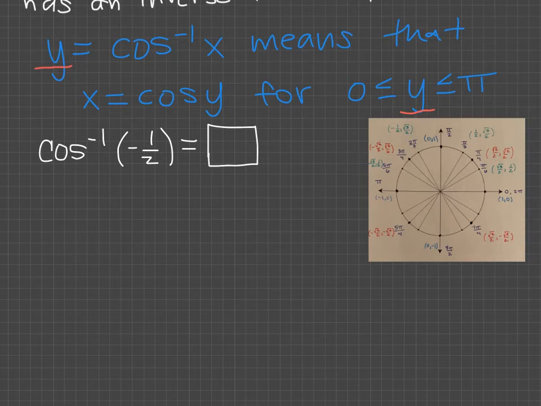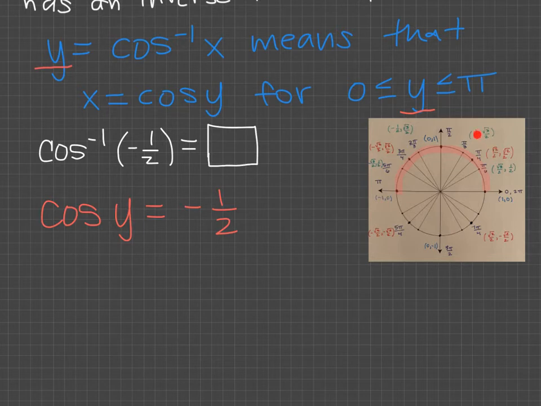And what we want is the angle measure y such that the cosine of y is equal to -1/2. Now, in terms of the unit circle, because we are limited for values of the angle measure, we are looking for 0 to pi. And because we're looking for cosine, we're going to look for the angle that has the x-coordinate that is equal to -1/2.